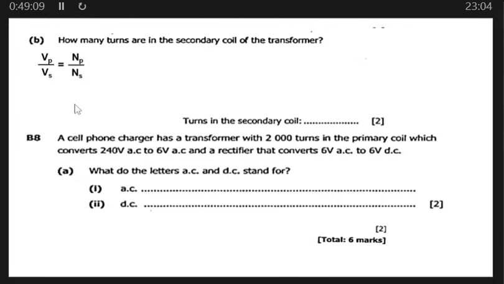All right. So now the question says, how many turns are in the secondary coil of the transformer? So this stands for secondary coil, number of turns.